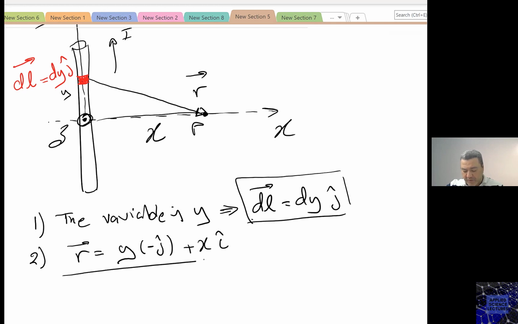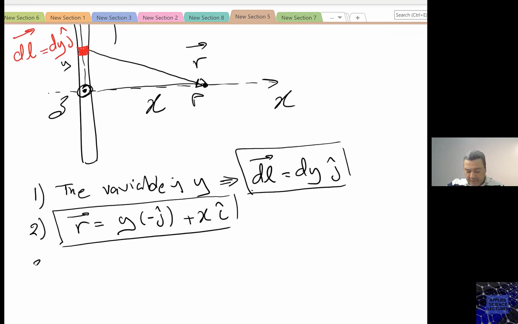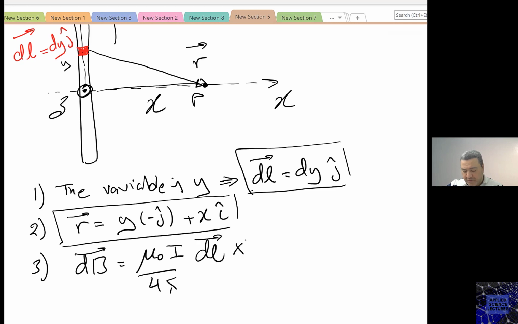If you recall, we will need the r vector. Number three, I'll put everything together. I have dB equals mu naught I over 4 pi dl cross r hat over r squared.